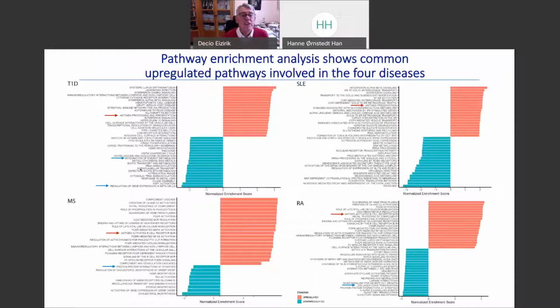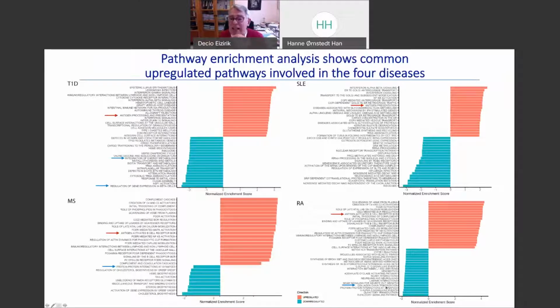So, for instance, in the case of type 1, the most downregulated pathway is regulation of gene expression in beta cells. When you are looking at multiple sclerosis, you have protein-protein interaction at synapses. When you are looking at rheumatoid arthritis, you find, for instance, collagen chain trimerization.